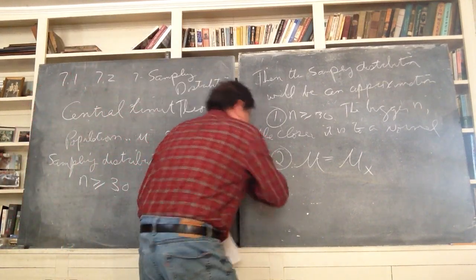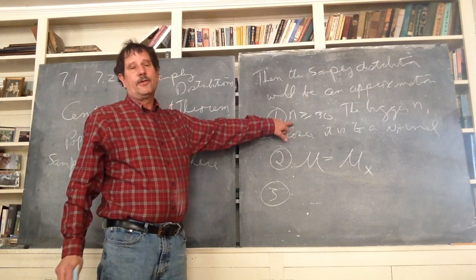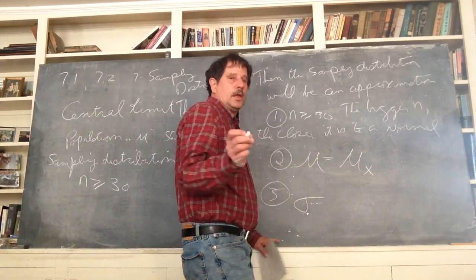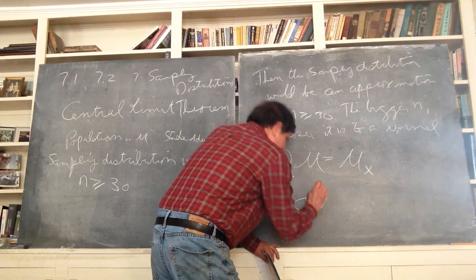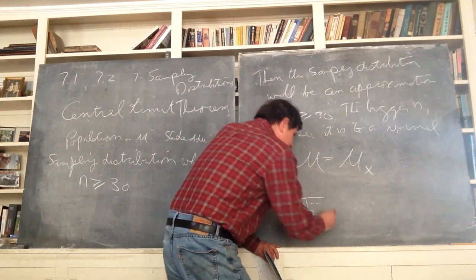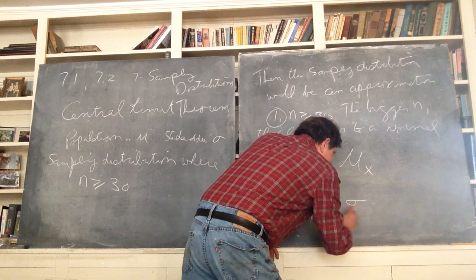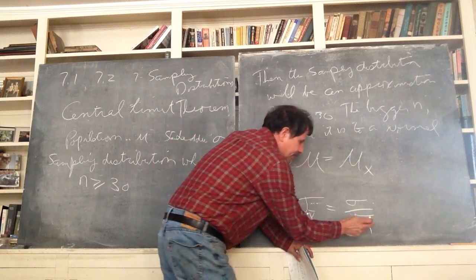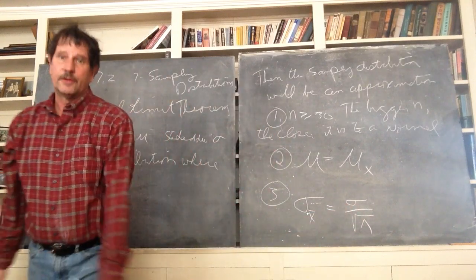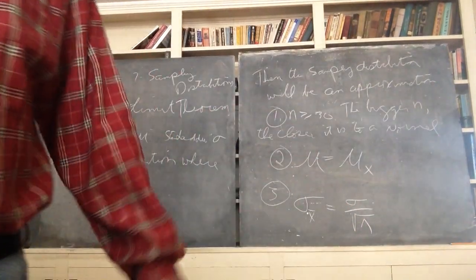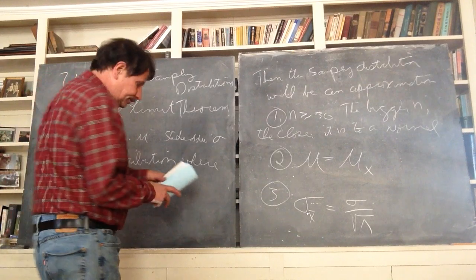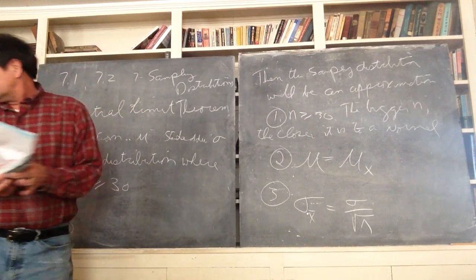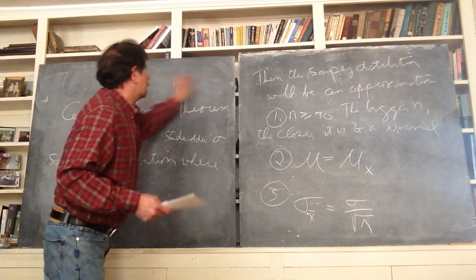The only difference is that because we're taking a sample of n, the standard deviation of the sampling distribution is going to be the standard deviation of the population divided by the square root of n. That's the difference right there. It's theoretical, and that's the first section. There are really no problems in the first section.